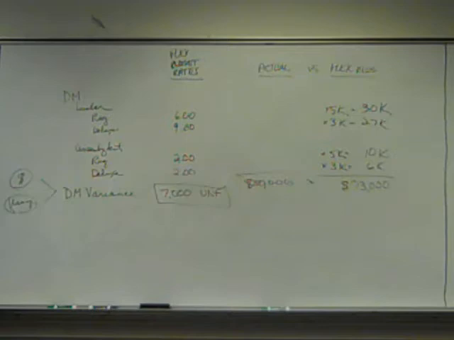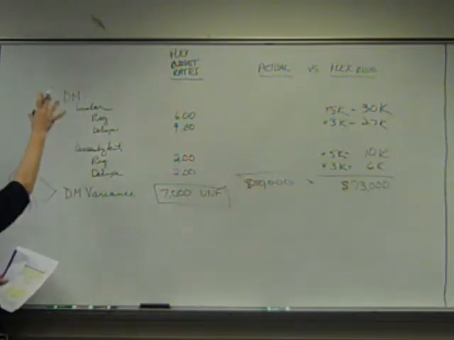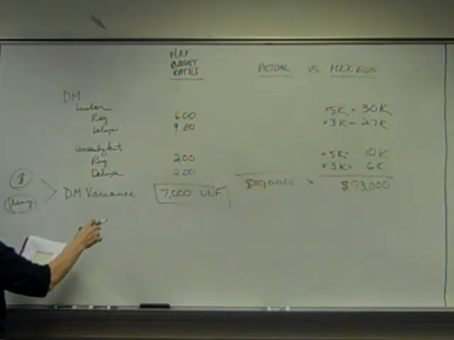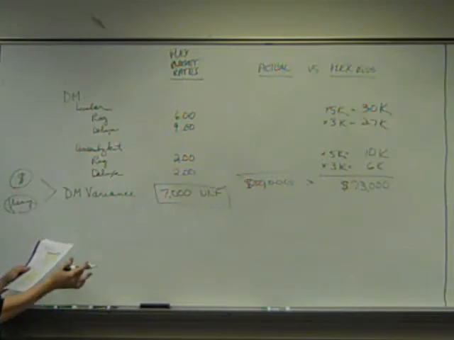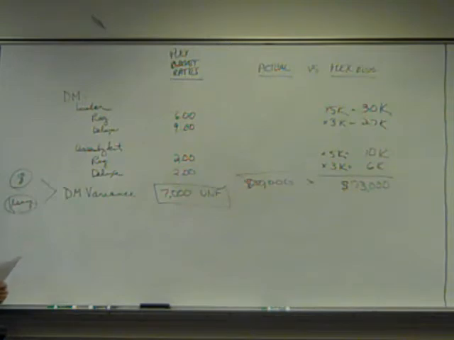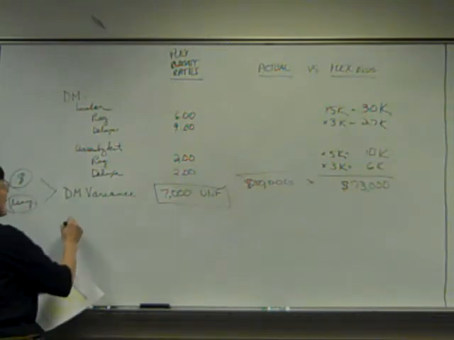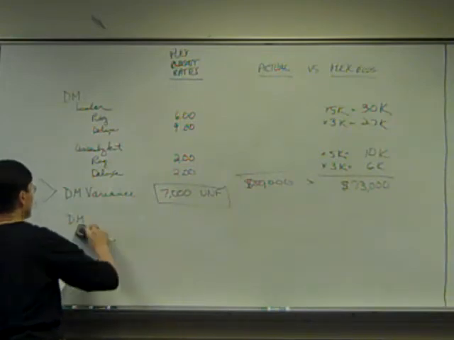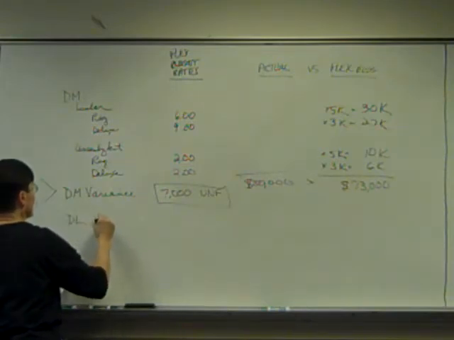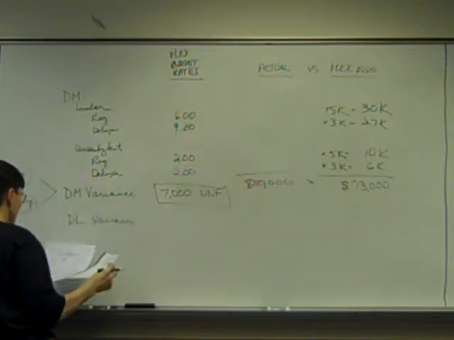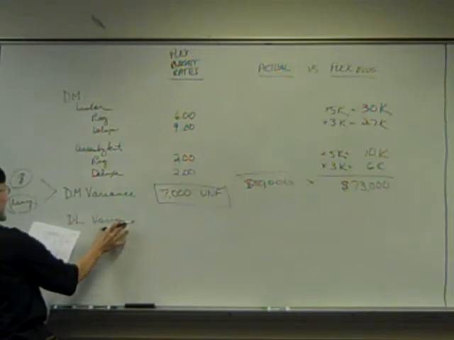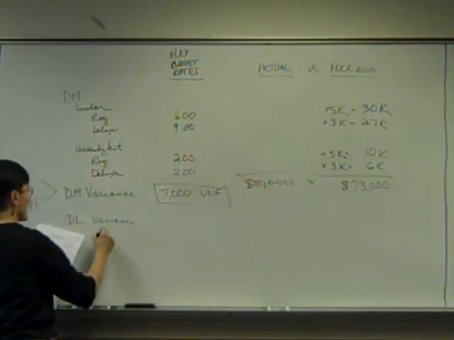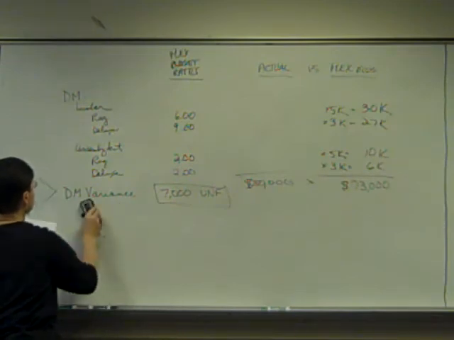When you're given all of the standards, you would do the same thing for direct labor. You would put in your direct labor standards of $4 for the regular at 1 hour, $4 for the deluxe at 1 1/4 hours, and if you worked out all of the details, you would have the direct labor variance.